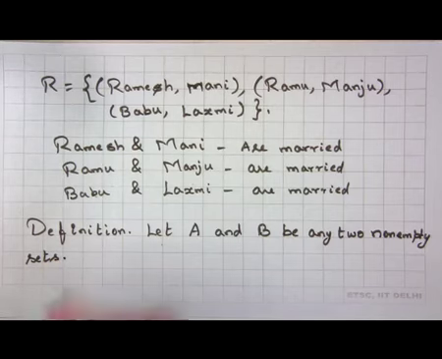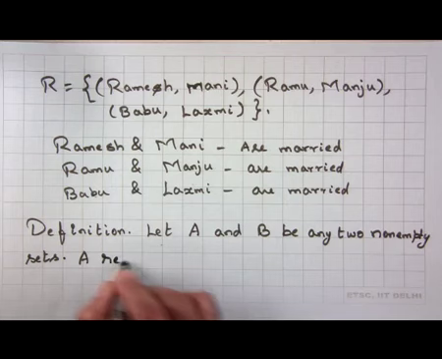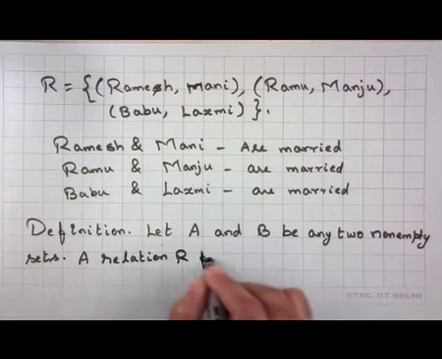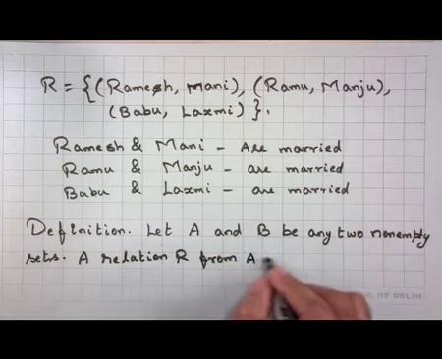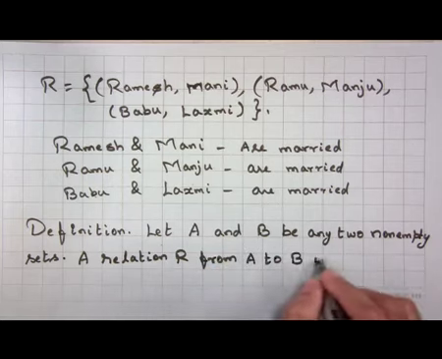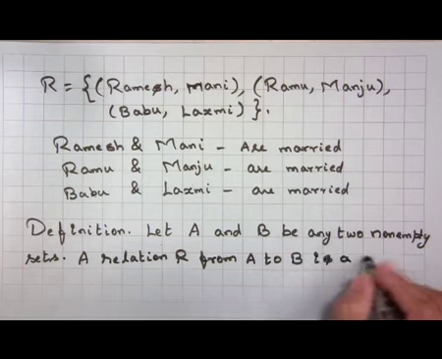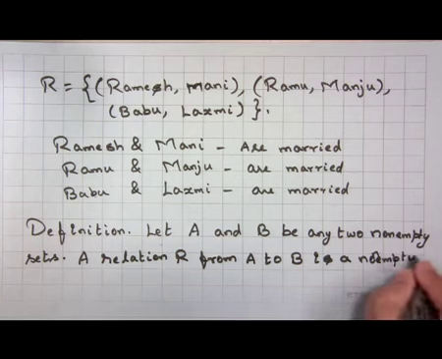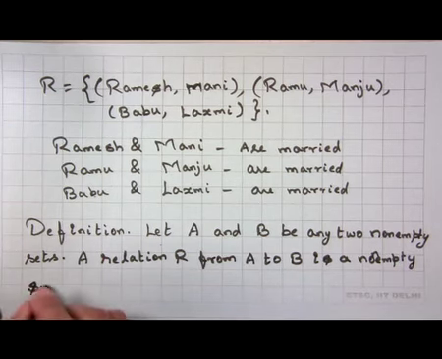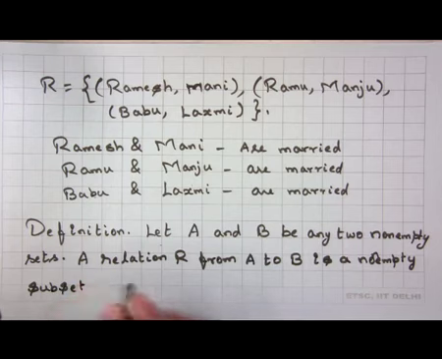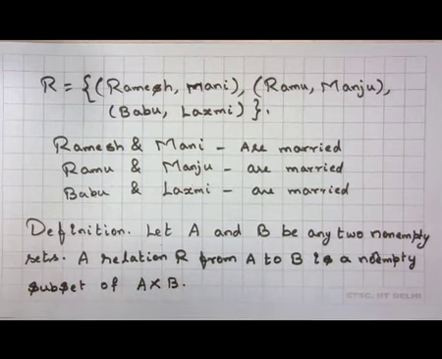A relation R from A to B is a non-empty subset of A cross B. So, a relation is just a non-empty subset of A cross B.